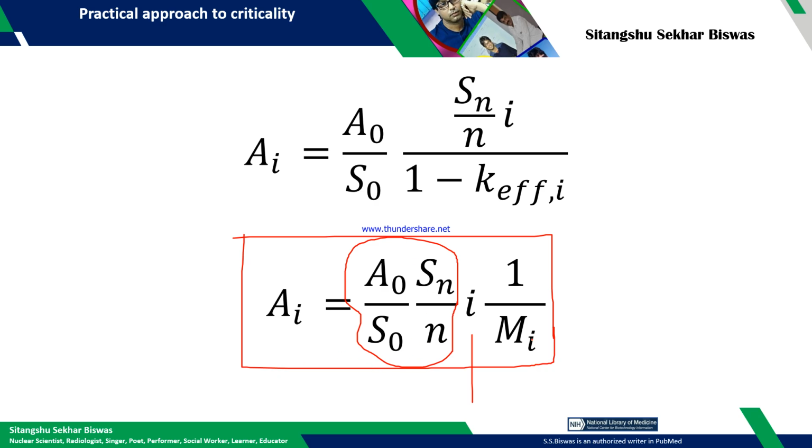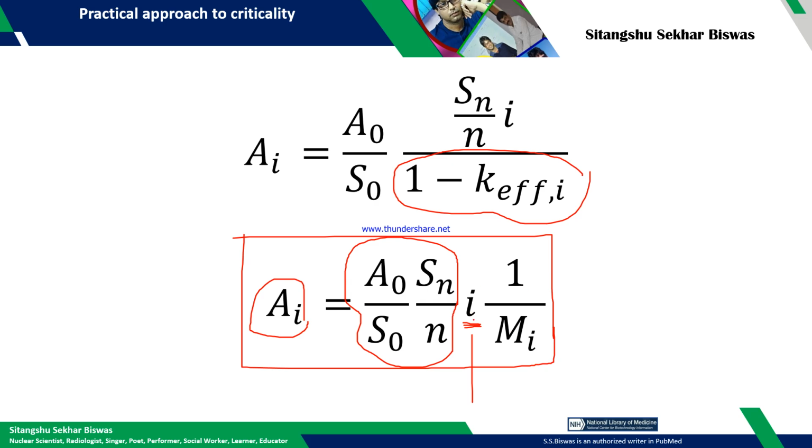Now I am defining this term as mi, and this is the neutron count monitor in the neutron detector.